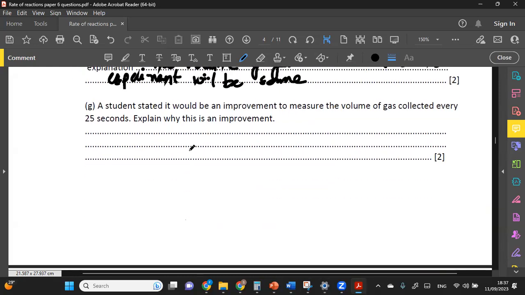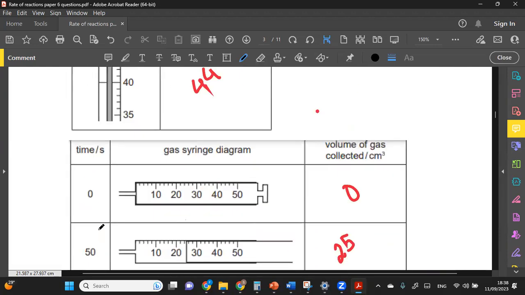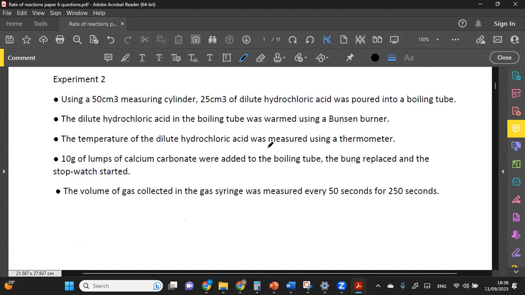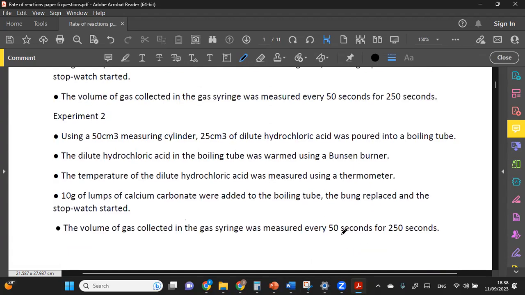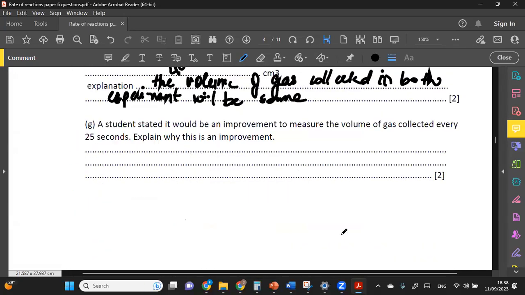Remember that. A student stated it would be an improvement to measure the volume of gas collected every 25 seconds. Explain why this is an improvement. In this question, they were noting down the volume of the gas every 50 seconds. Another person has suggested, why every 50 seconds? Why not every 25 seconds? He is saying that would improve our experiment.